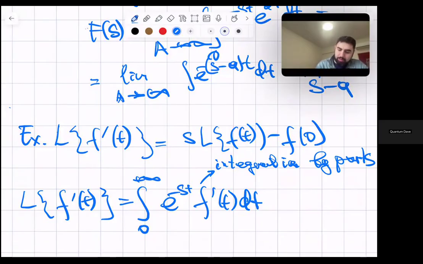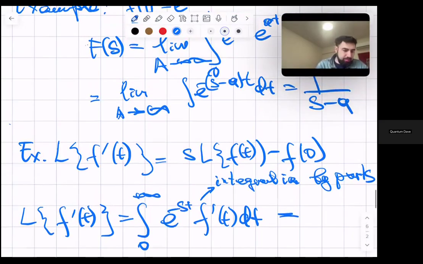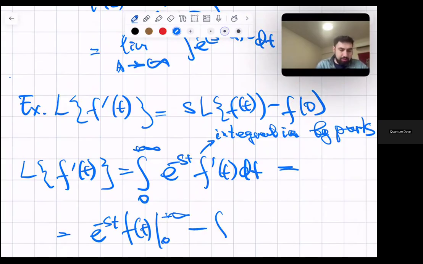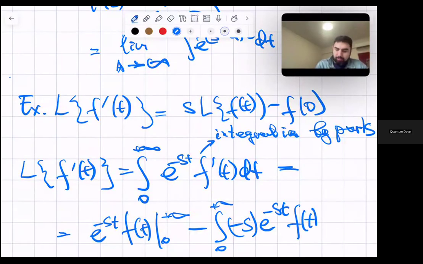Okay, and that will give us two terms: e to the minus st f(t) from 0 to infinity minus the integral from 0 to infinity of minus s, so the derivative of the exponential will have minus s coming in front, e to the minus st f(t) dt.